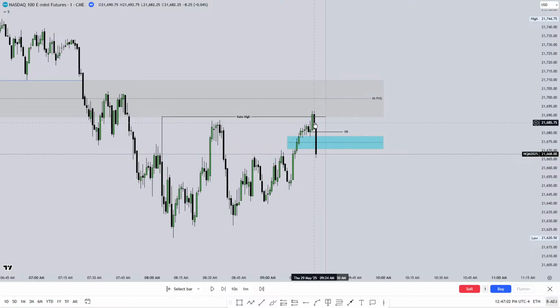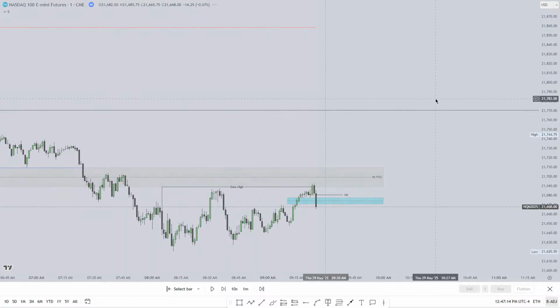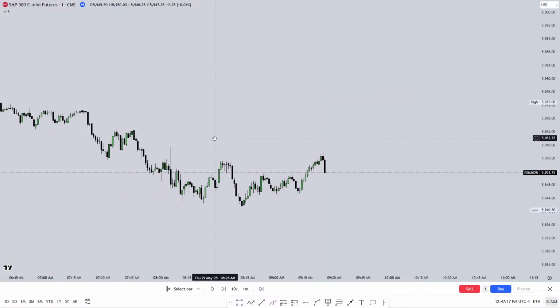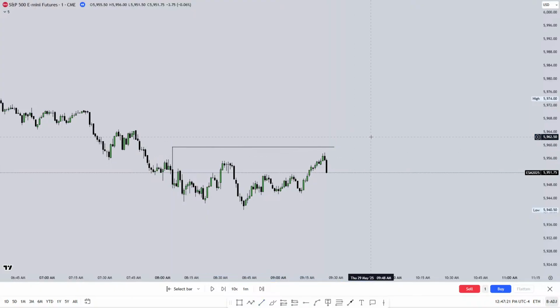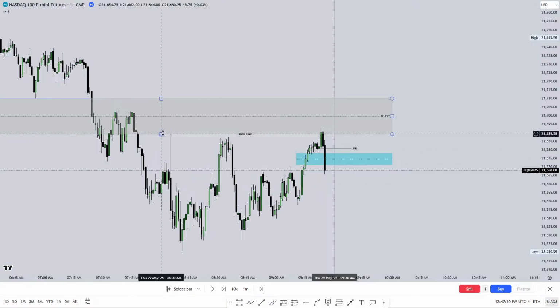Like this. We already manipulated above data highs and relative equal highs into an hourly fair value gap. Is there SMT? There is SMT. There's SMT at this high right here. NQ took that, ES did not.